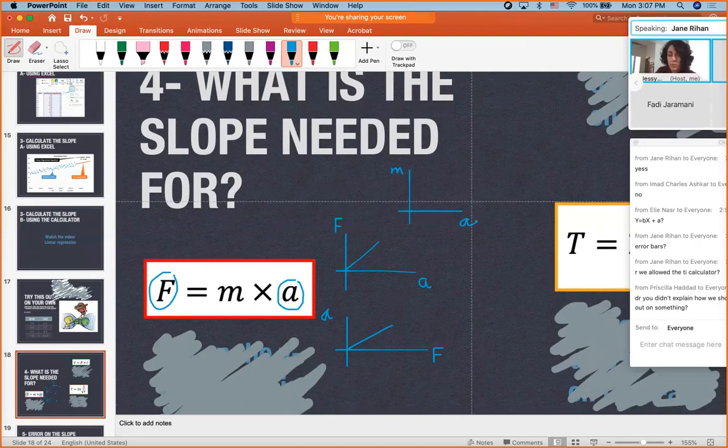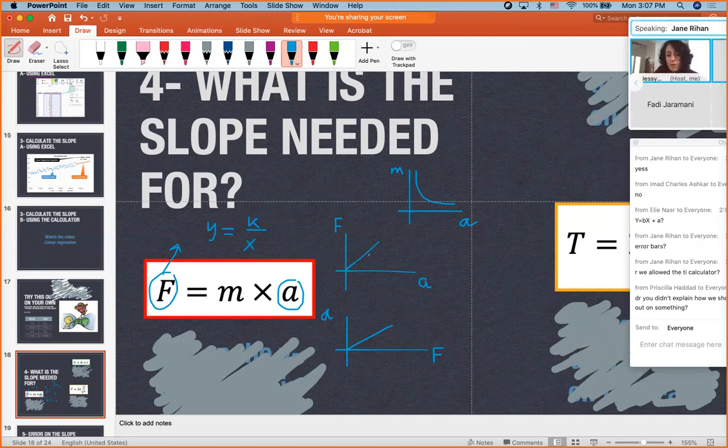If F is a constant? Actually, no, because m and a are not proportional, they're inversely proportional, and you get a hyperbola. Even if your y is a constant, y is equal to constant over x. It does give you a hyperbola, even though you have a constant. Oh yeah, you're right.